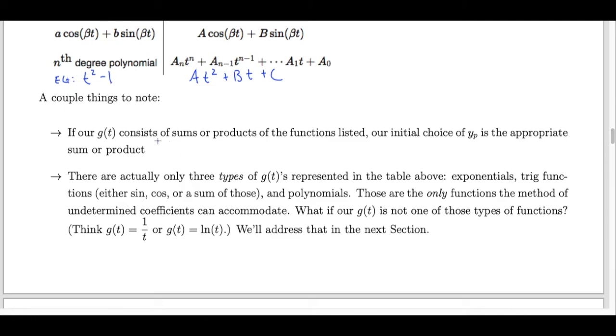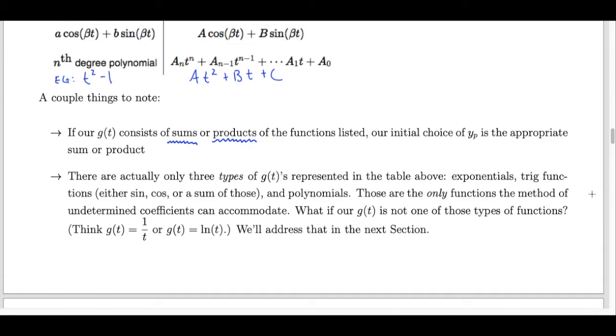First, I just note that if our g of t consists of sums or products of these types of functions, then I'm going to choose my y sub p to be the corresponding sum or product. So if I have two functions from this left-hand side that are multiplied in my g of t, then I will choose the appropriate expressions from the right-hand side and then multiply those in my y sub p. We'll see examples of that in a sec.